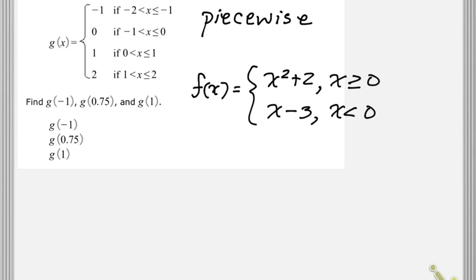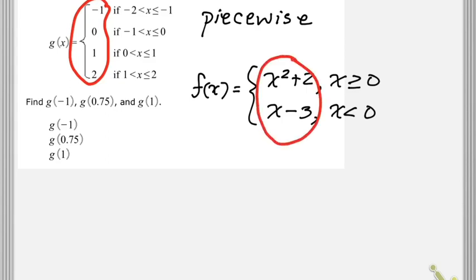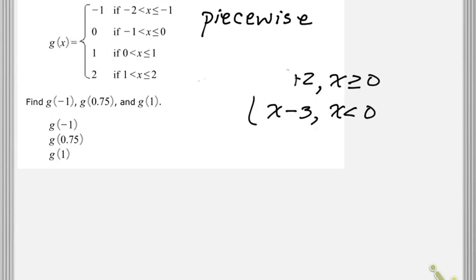A function with constant values, and then in this function I've got polynomial values. So it's a piecewise function.